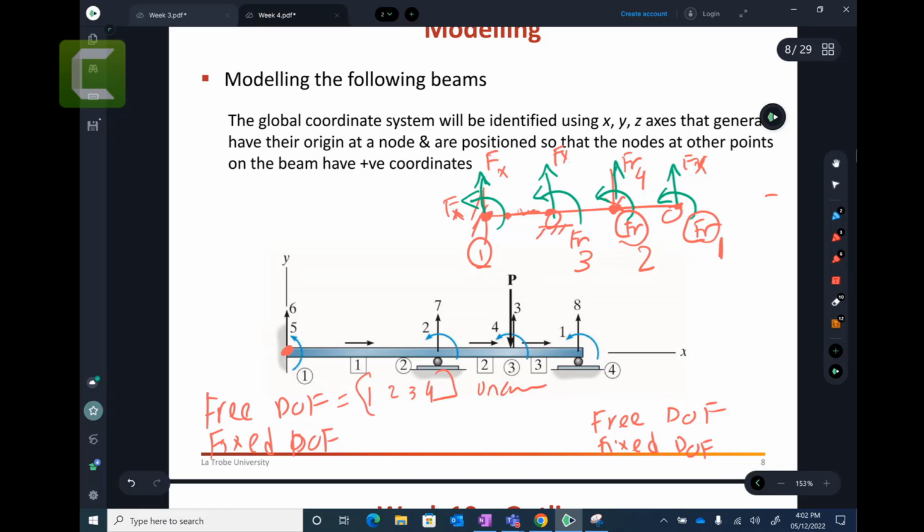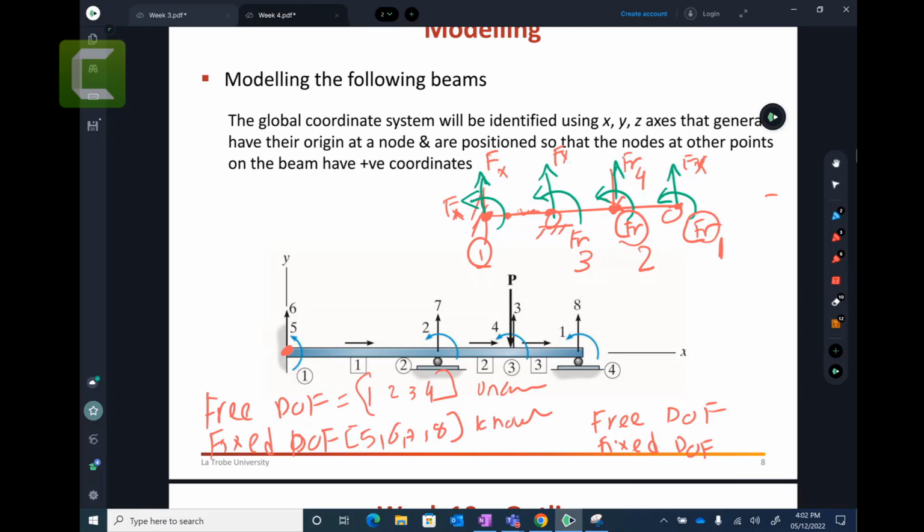Remaining are fixed: 5, 6, 7, and 8 are no displacements. There is a rule that for free degrees of freedom, you need to start with 1, 2, 3, 4.